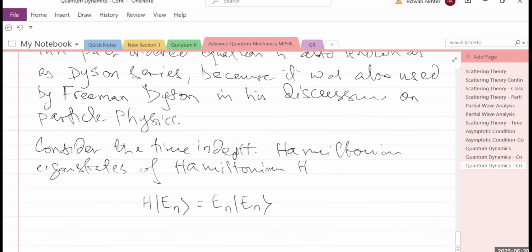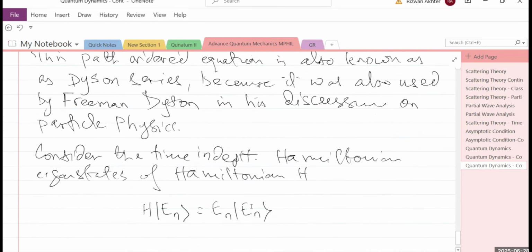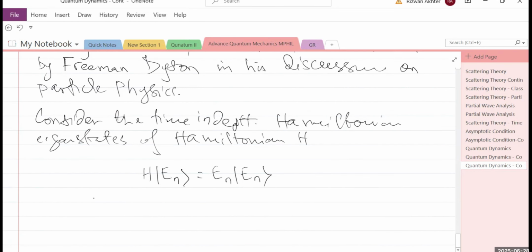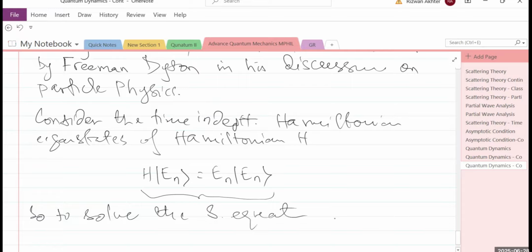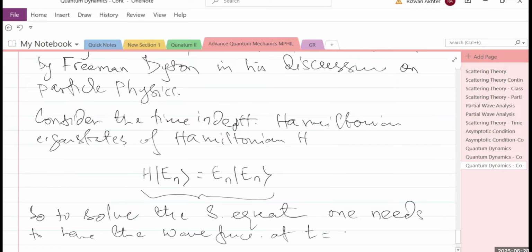To solve the Schrödinger equation, which is the time independent Schrödinger equation, one needs to have the wave function at t equals 0.